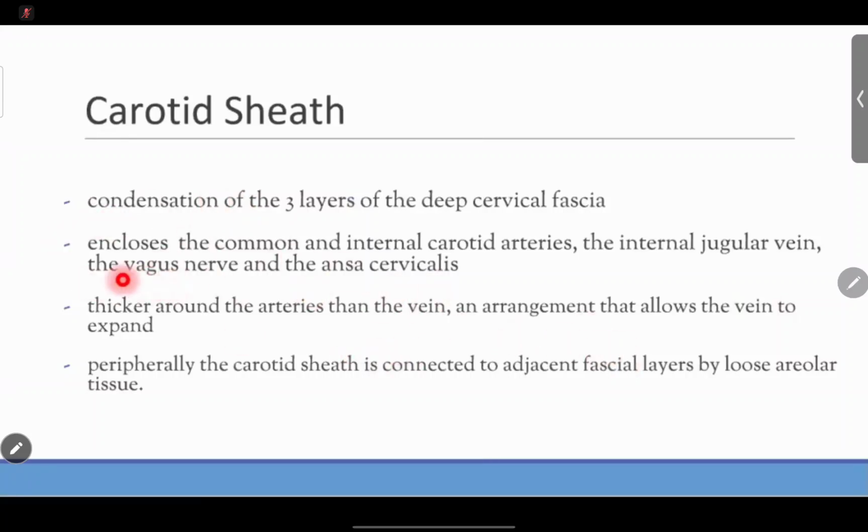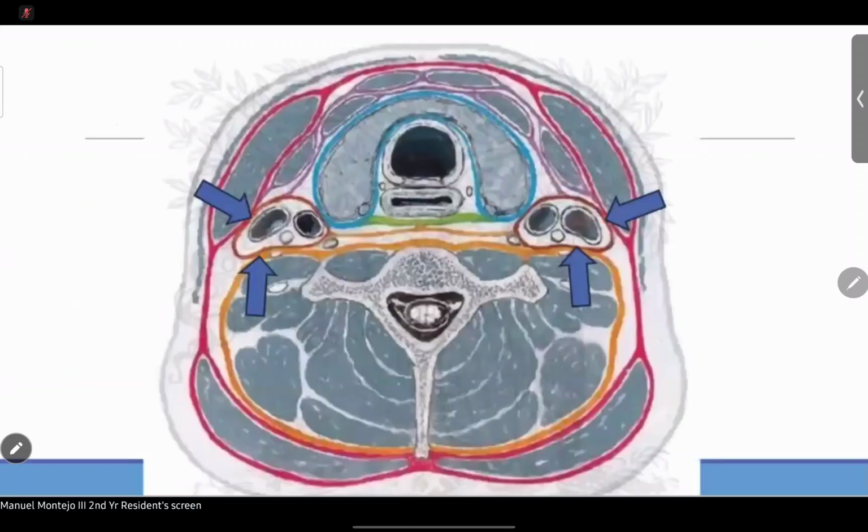For sure you know the vagus nerve, the cranial nerve, is always close to your carotid artery. The sheath is thicker around the arteries than the vein, an arrangement that allows the vein to expand. That's why your IJV is bigger. At the periphery, the carotid sheath is connected to adjacent fascial layers by loose areolar tissue. In this illustration, this is your carotid sheath.